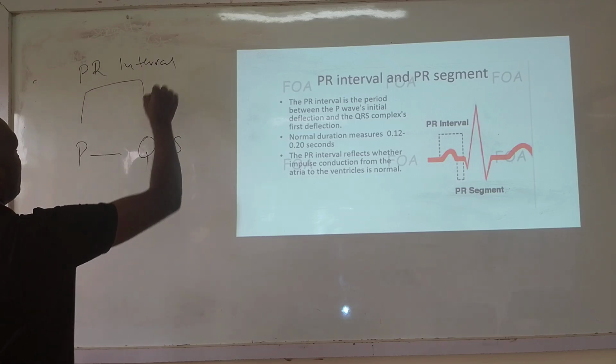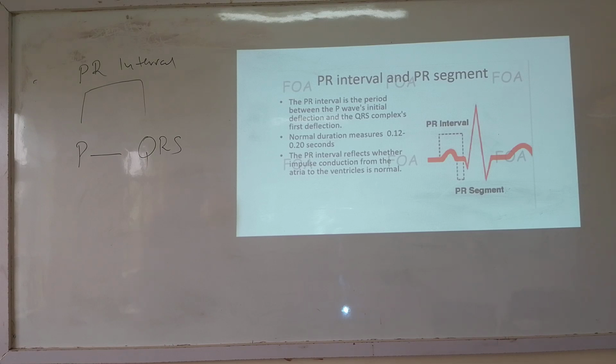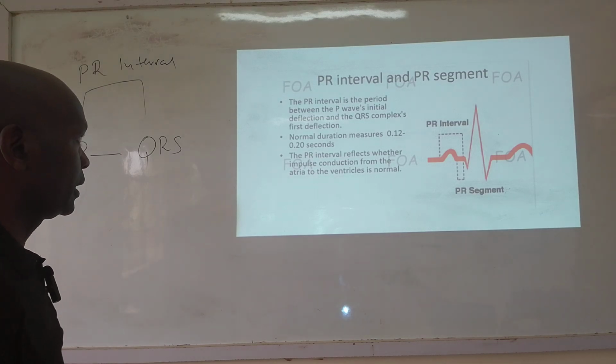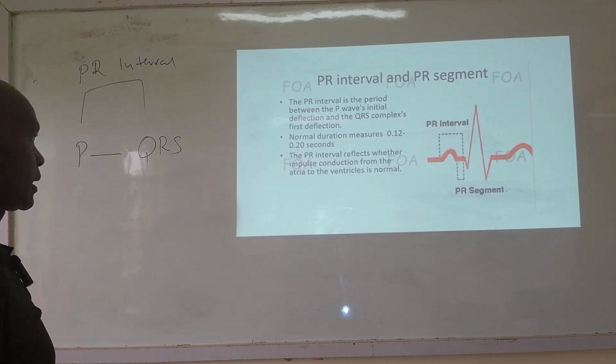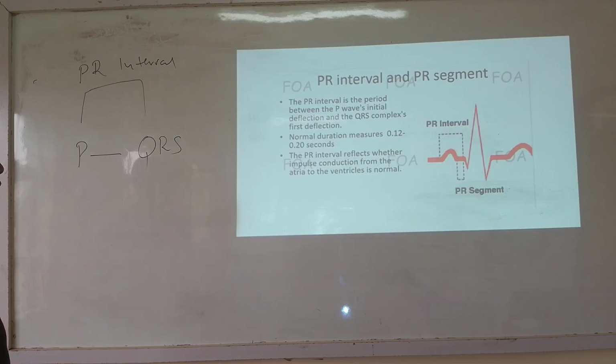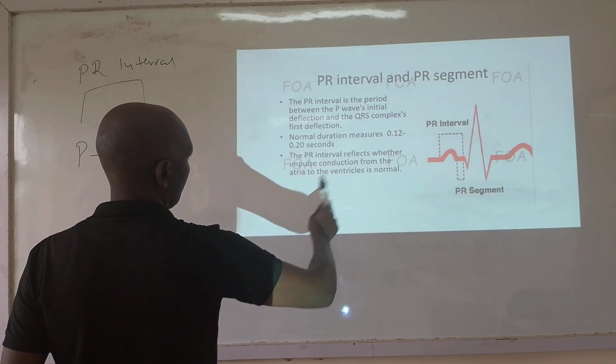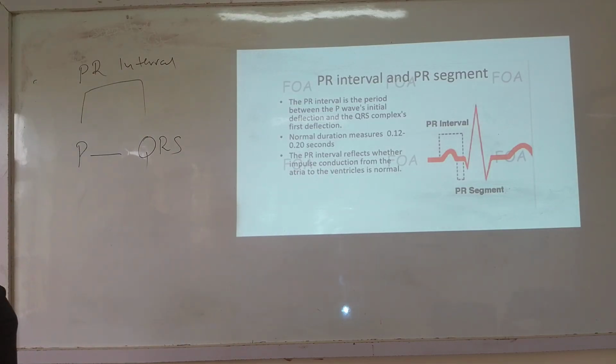The PR interval. The normal duration is 0.12 to 0.20 seconds. And this PR interval reflects whether impulse conduction from the atrium to the ventricle is normal.